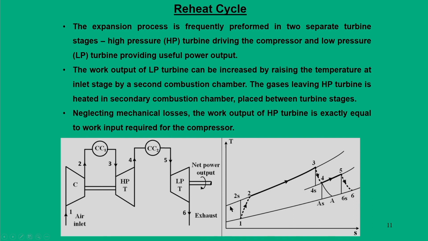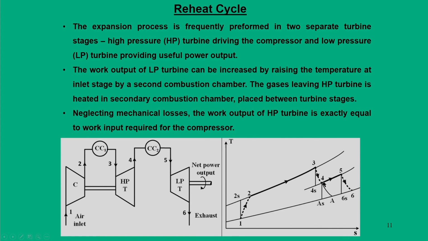So, the process now becomes 1, 2, 3, 4, 5 and 6, and had this process been a complete single stage expansion, then the process would have gone from 3 to A. So, this would have been the case, 3 to A, but now it has gone 3, 4, 5, 6.